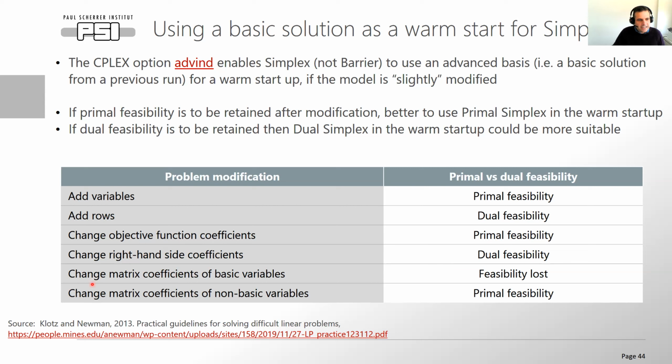But there is also a case when we change the matrix coefficient of basic variables, that the feasibility is lost and the advanced basis cannot be used. So this is quite important to know which feasibility is retained when we do a change in the model, if we want to use a warm startup for the Simplex algorithm, not the barrier. So this means that we change the LP method. We don't use the barrier anymore.